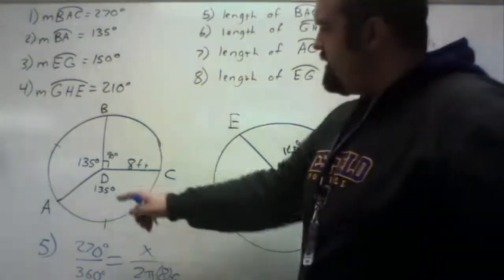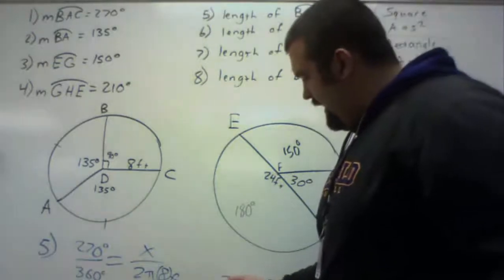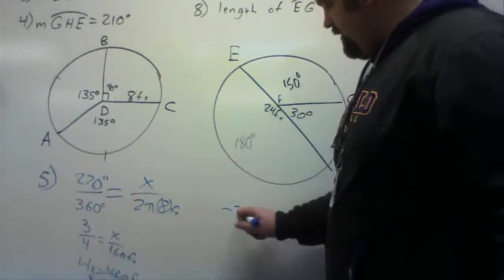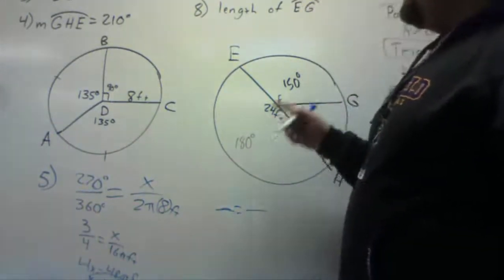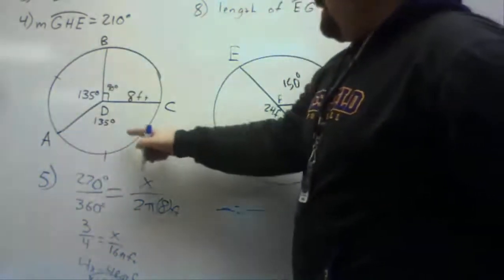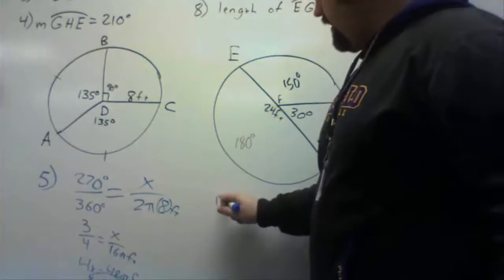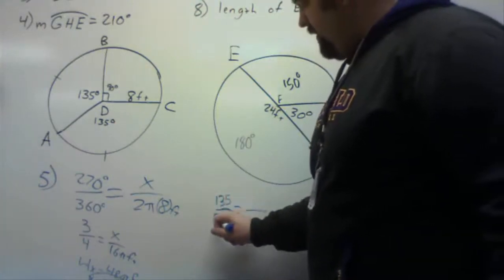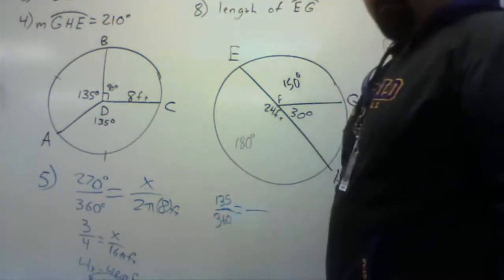So again, I'm looking at the circle. Again, proportion. The part of the arc for this, arc AC, is right here. The portion that is accounted for is 135 degrees out of 360.